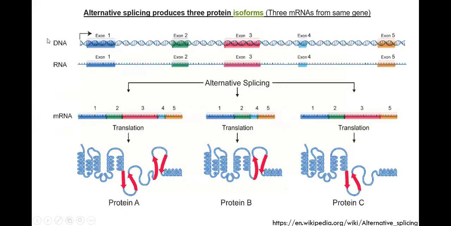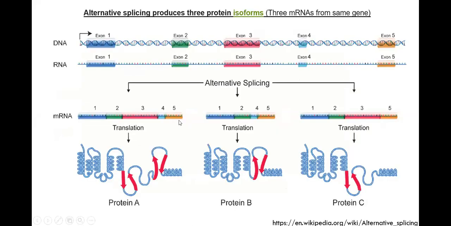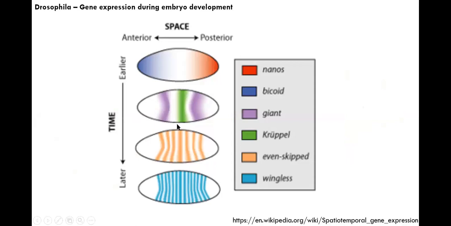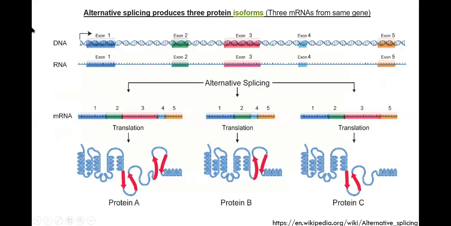So, coming back to the next topic we talked about, developmental profiles: we looked at two examples, Drosophila development and circulatory system development in zebrafish. One more important concept is alternative splicing. We might have discussed it in a few classes before. In splicing, the introns are removed and only the exons are combined, which gives rise to specific proteins.